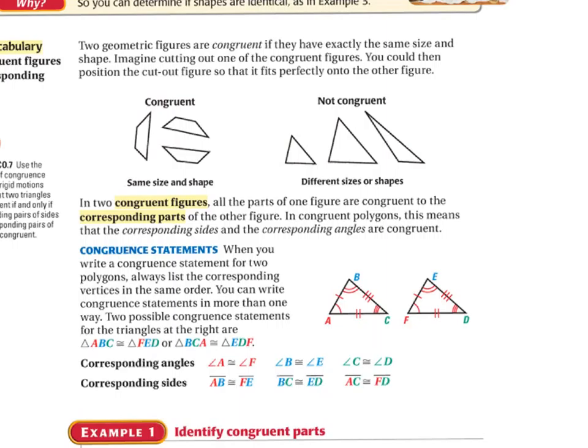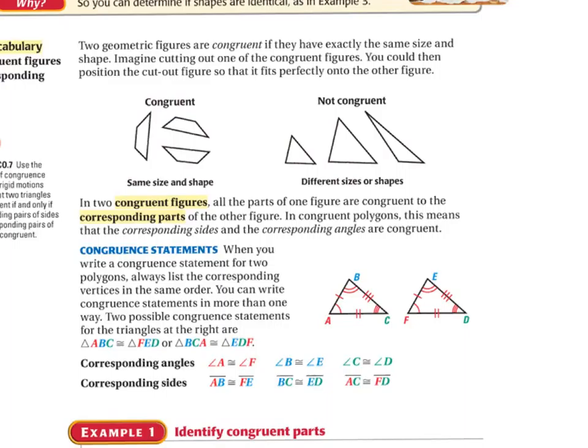So you can see, looking down here, we have these two triangles. We have our three sets of sides, so 1, 2, 3, and 1, 2, 3, that are congruent. Then we also have our three angles. We have this angle, second angle, third angle, and we have our first angle, second angle, third angle. Okay, so we can see that those are congruent.